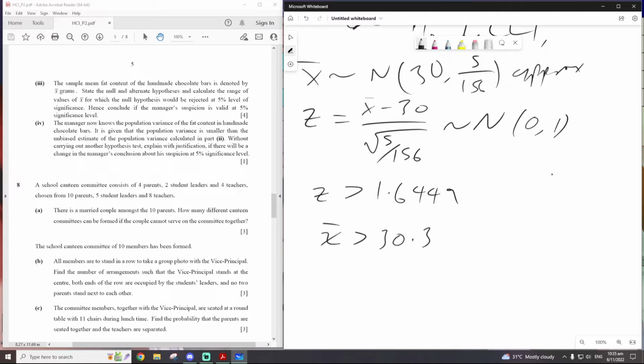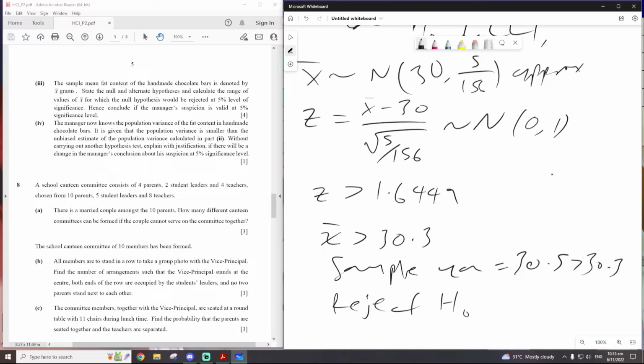Because our sample mean is 30.5, which is greater than 30.3, reject H naught in this case. And then you write the standard conclusion.